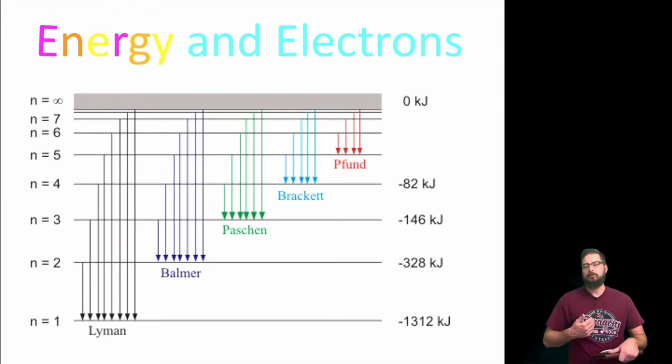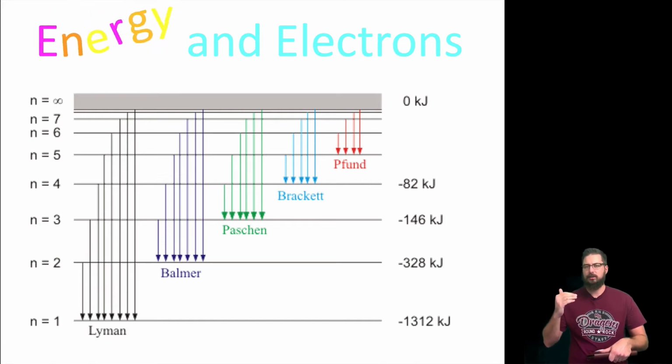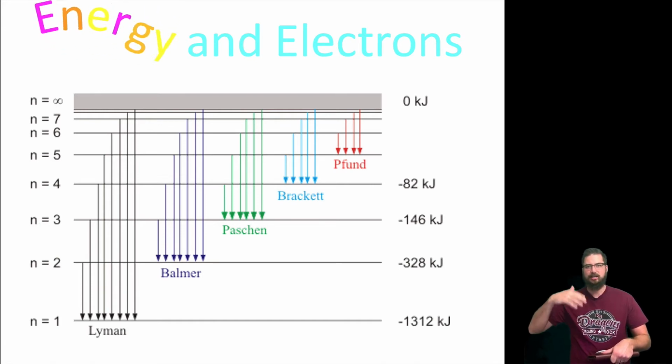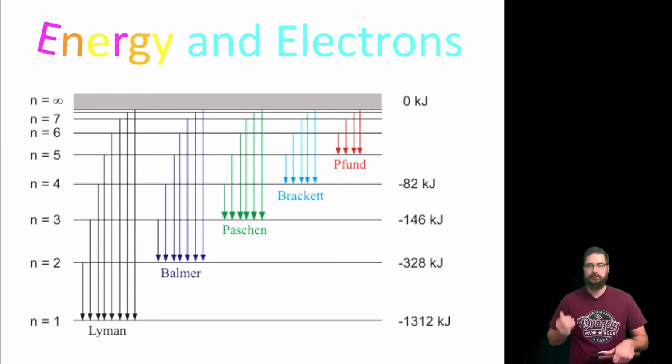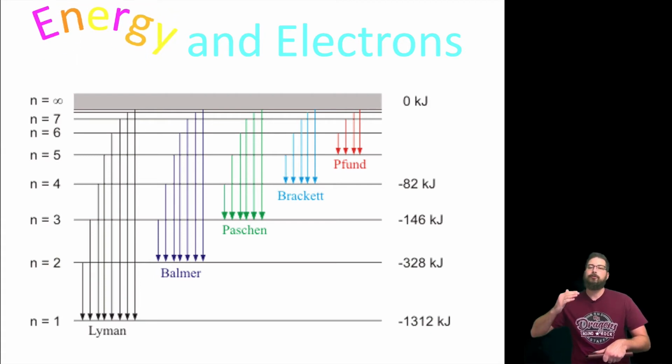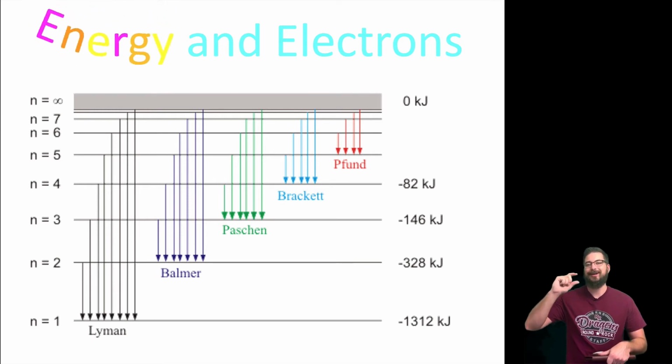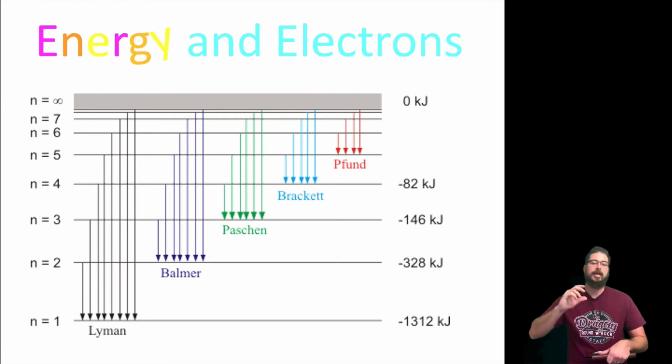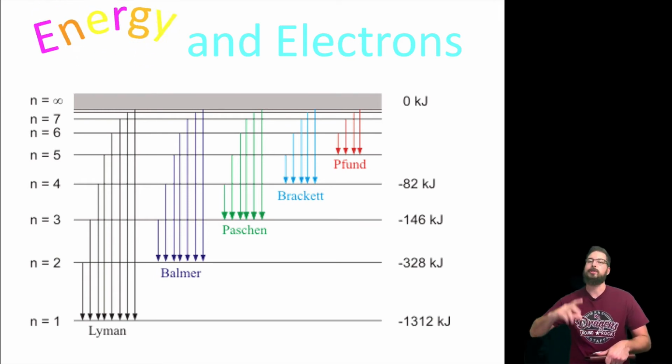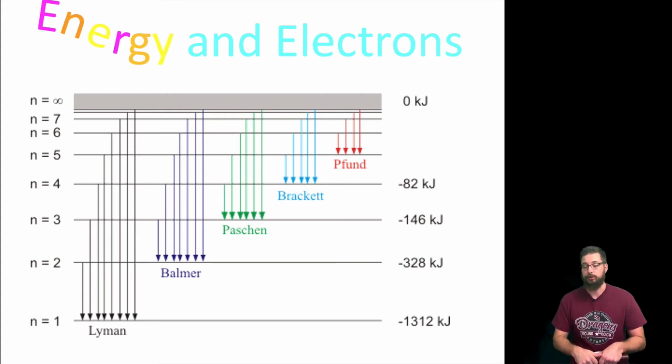So for example, the sixth energy level has a greater amount of energy than the second, and it has a greater amount of energy than the first. But going from the fifth to the sixth is not as great of a difference as going from the first to the second. And so it's the difference in energy that's important.